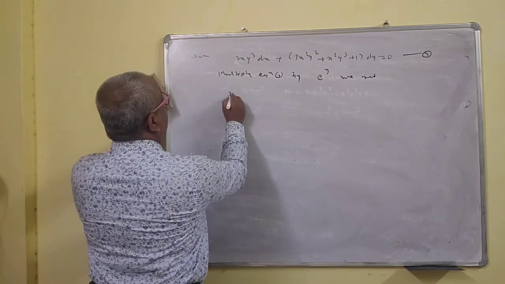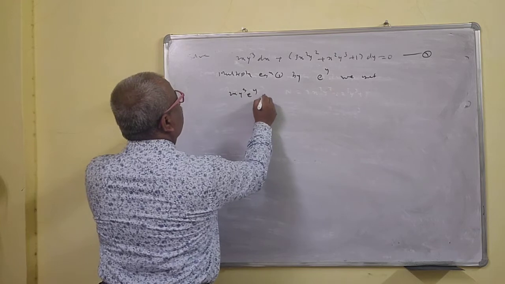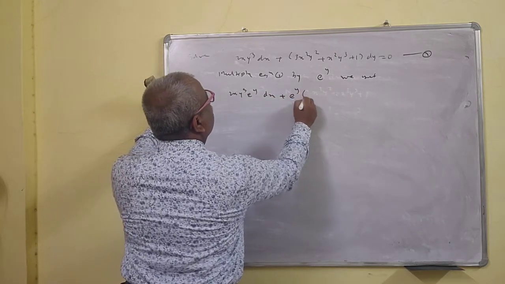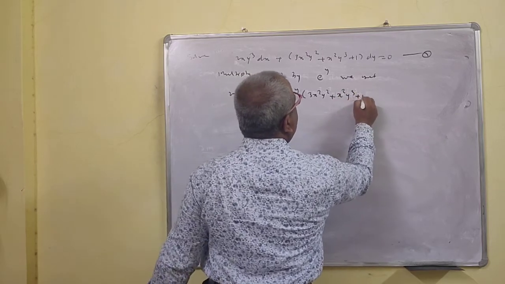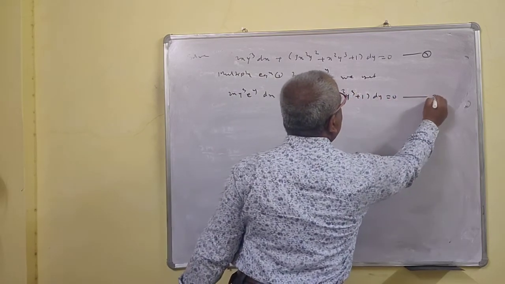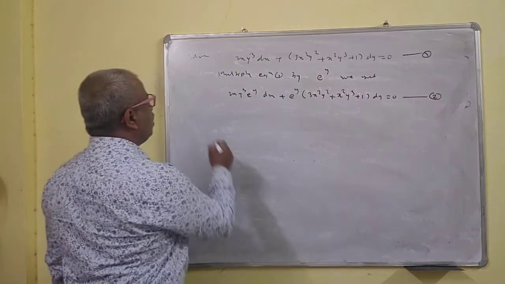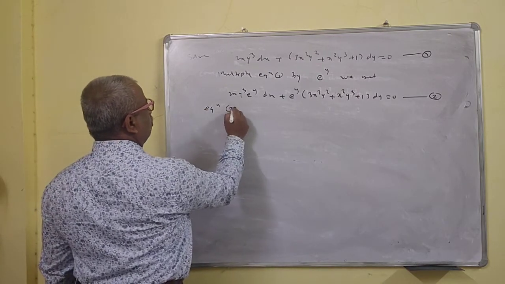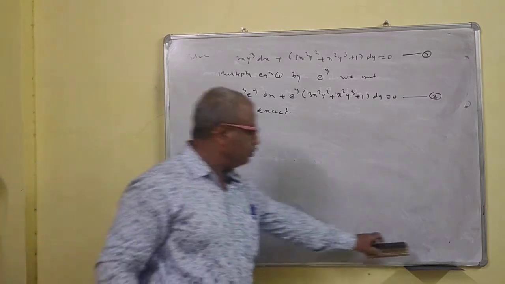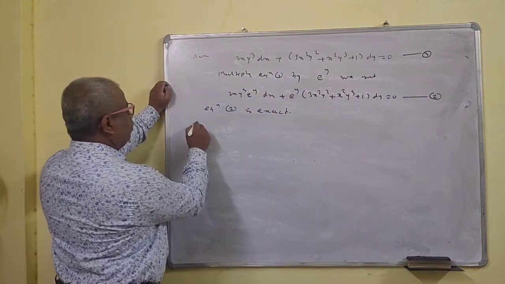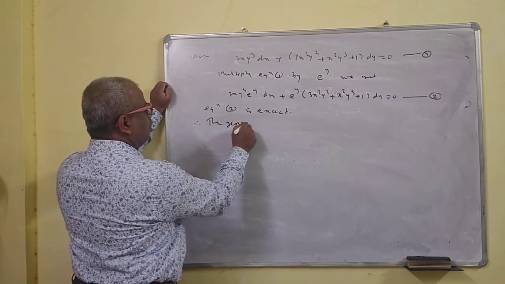So this is what then: twice xy³ e^y dx plus e^y into (3x²y² plus x²y³ plus 1) dy is equal to 0. We call this as 2. Okay, equation 2 is exact. Equation 2 is exact.